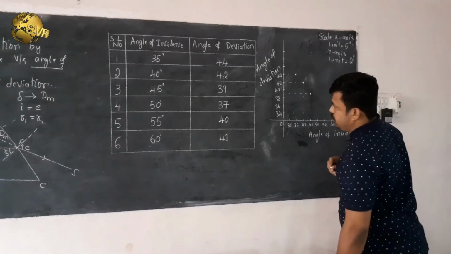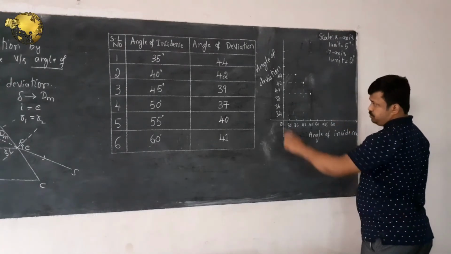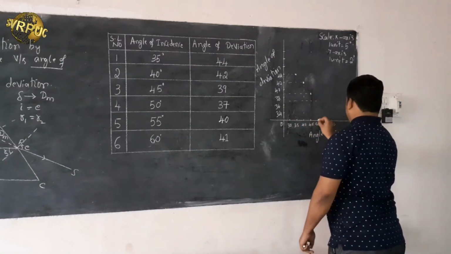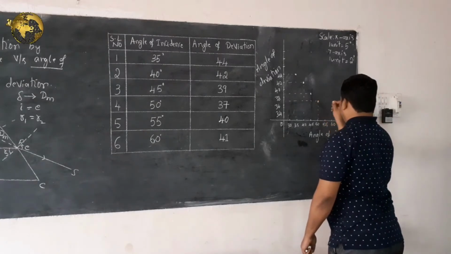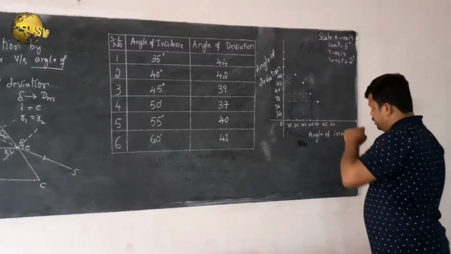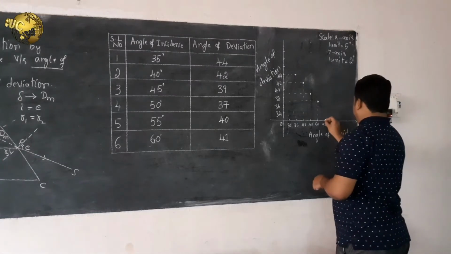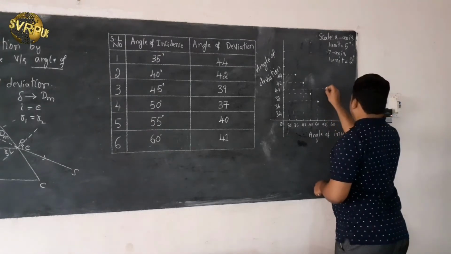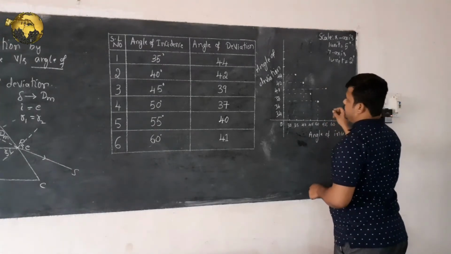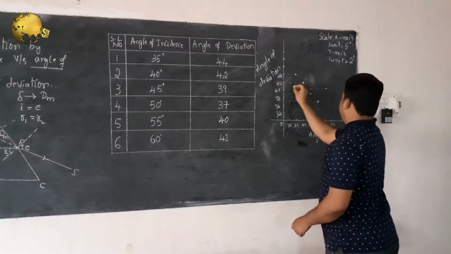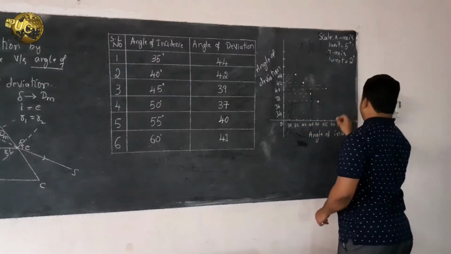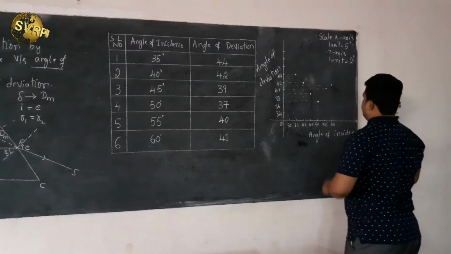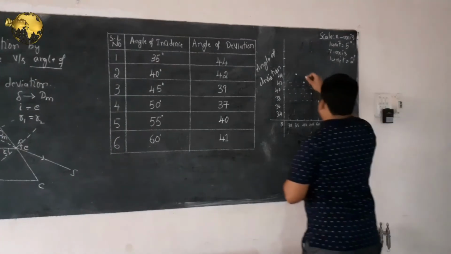Next, for 50 degree, you are getting the value 37. Next, 55 degree, the value goes to 40. Then for 60 degree it is 41. Okay, let's complete this by joining all the points.